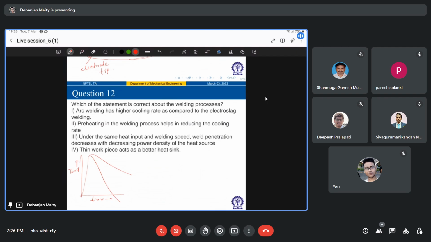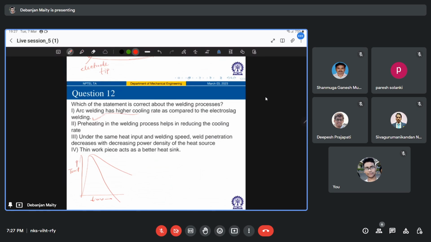For laser beam, the heat source efficiency is very low because of the higher reflectivity of the metal surface, but can be significantly improved by some kind of surface modification like roughening or coating of some material. So the heat source efficiency is different for different welding processes, as we have already discussed. Here arc welding has higher cooling rate compared to electro slag welding, right? This is as simple as that.